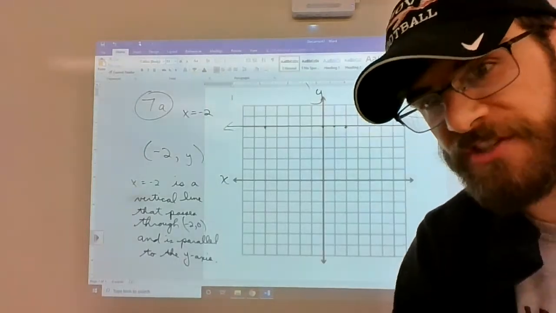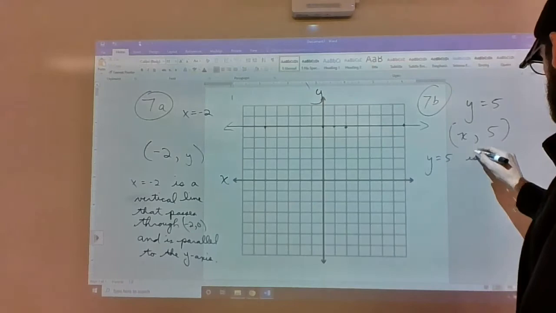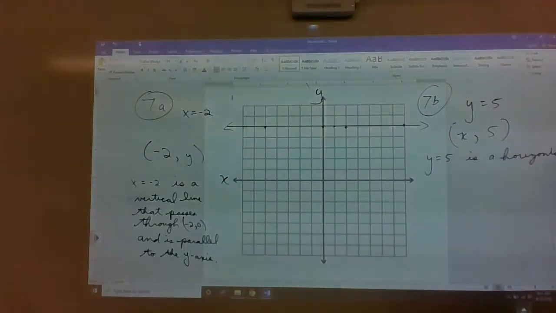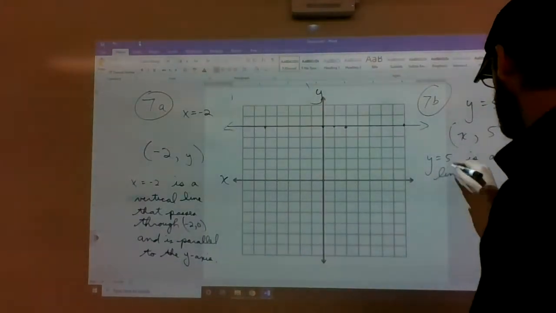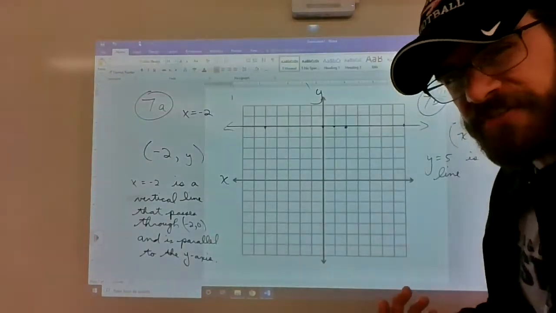It basically represents a horizontal line that passes through (0, 5). It's sort of like the y-intercept is kind of an important piece of info.